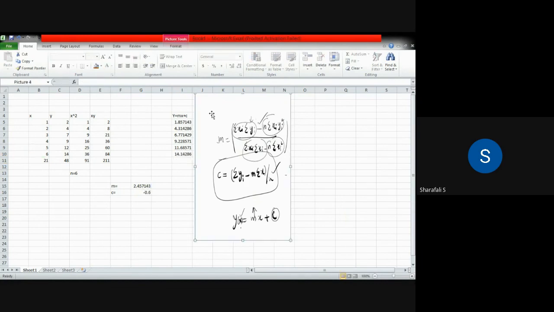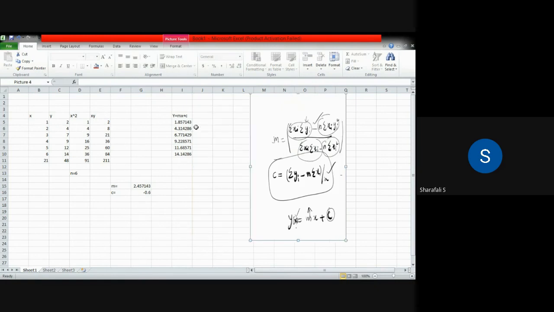So these are the points corresponding to the given data points, using the calculator values of m and c.